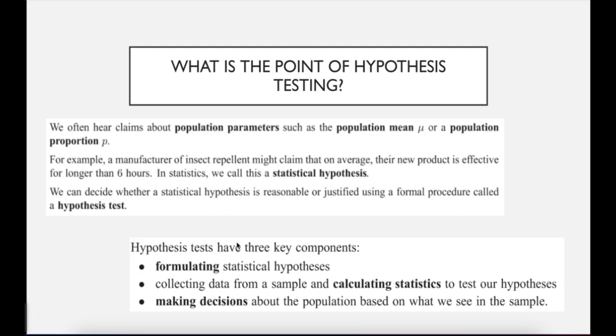So the point of a hypothesis test is really to claim if certain data makes sense, right? So can we say that an insect repellent is effective for longer than 6 hours? These claims, we need to make sure that they're either realistic or not.